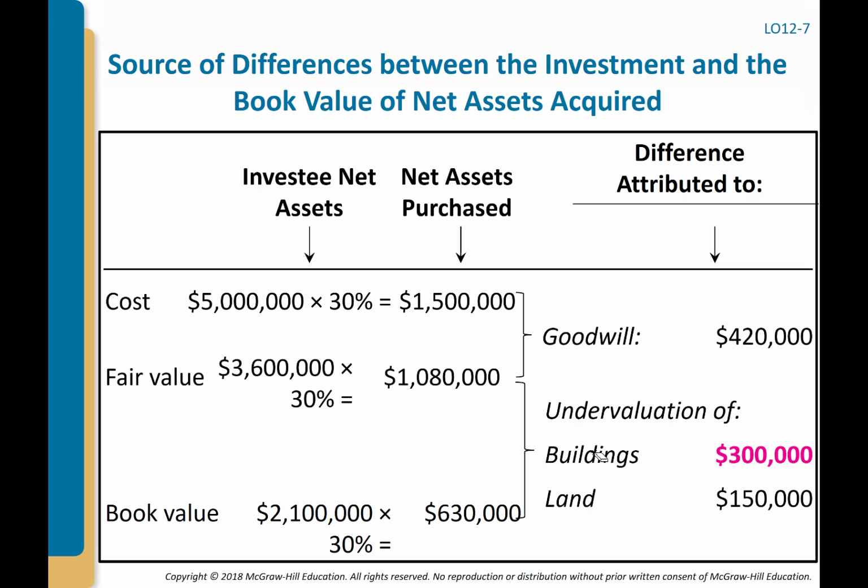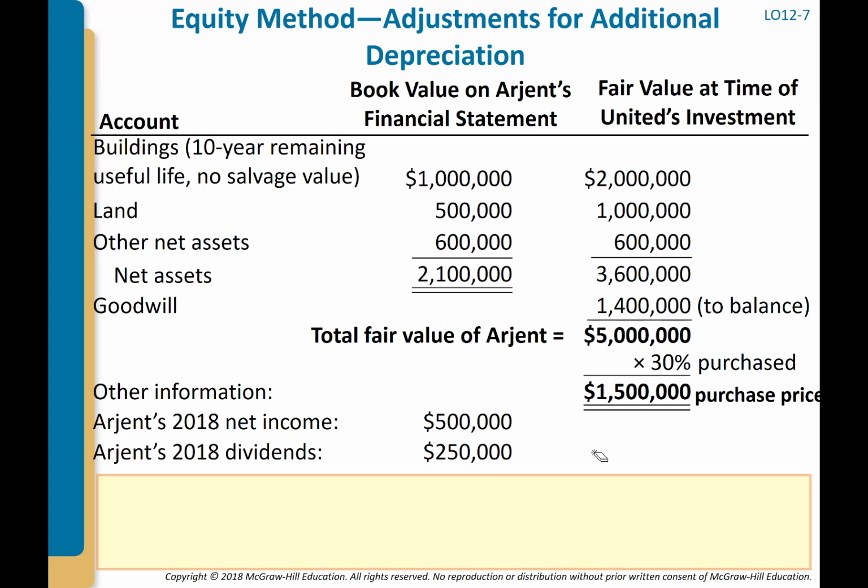So this total difference, the 450 here, right? This 450, 300,000 they're saying is attributable to the building, 150 is attributable to the land. Are we going to depreciate the land? No, so we're going to only calculate excess depreciation on the building.